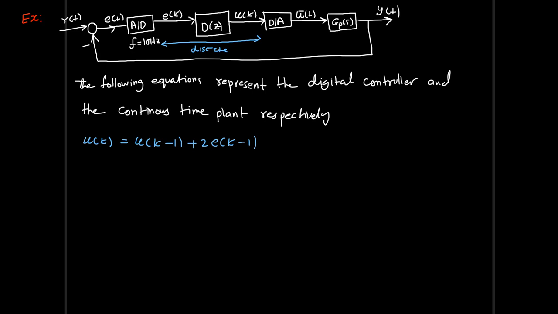And the plant is given by a differential equation, first order, let's assume dy by dt is equal to minus 5 y of t plus 4, the input is u bar of t. So sometime I will use dy by dt, or sometime you can represent this one as y dot. Each dot represents a first derivative.